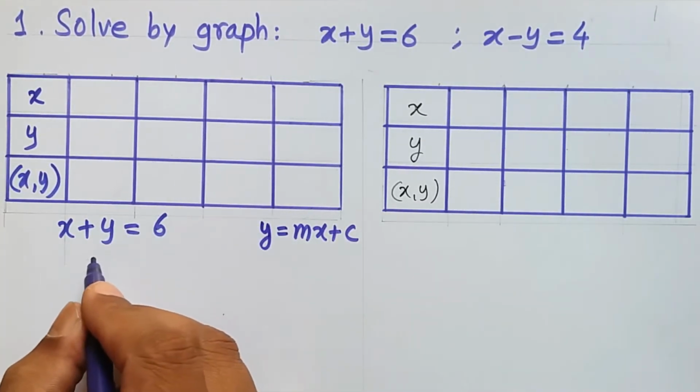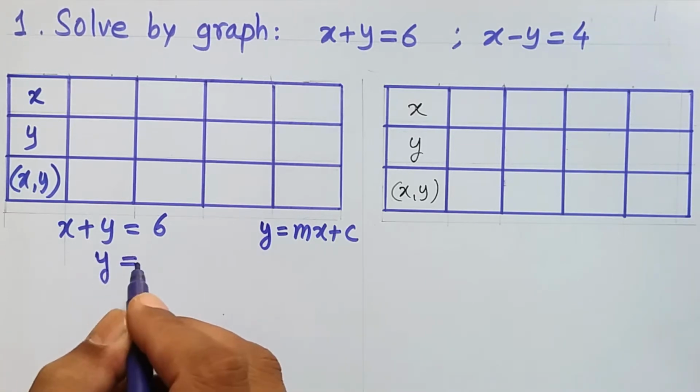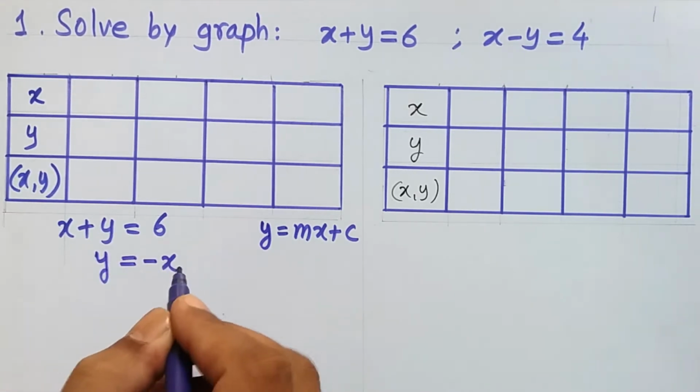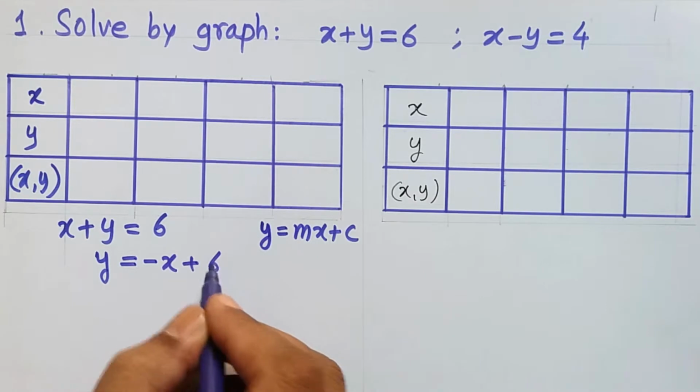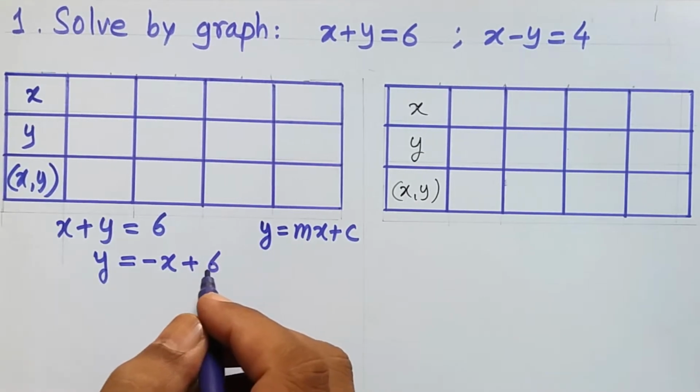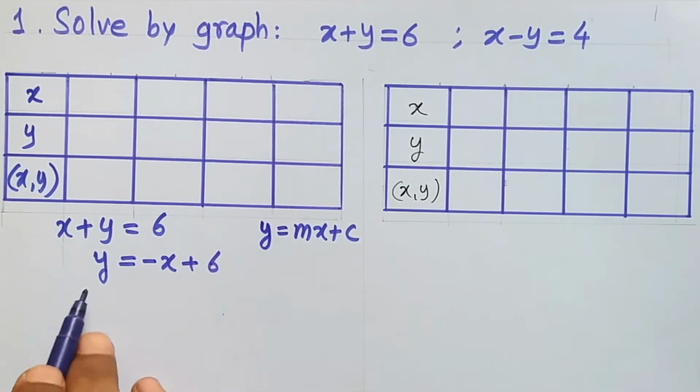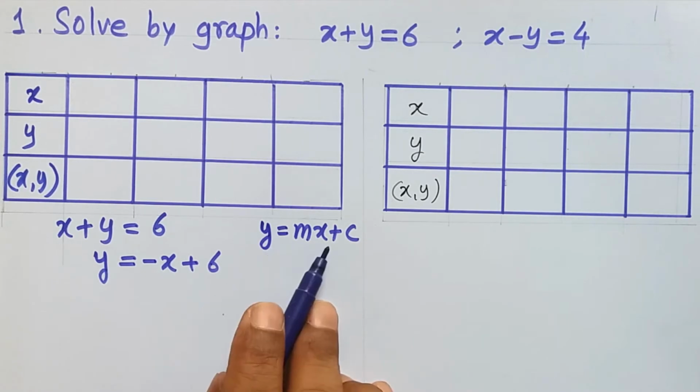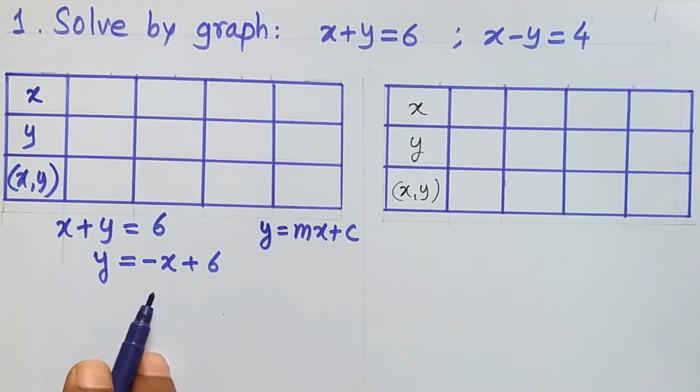So we get here y is equal to, write the value of x first and then this 6. So after converting the given equation in this format, y is equal to mx plus c, take any value of x and find the value of y.